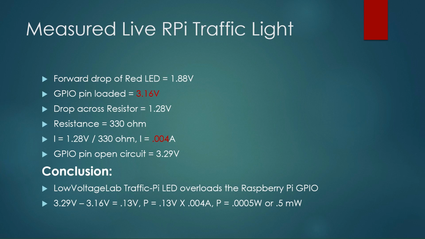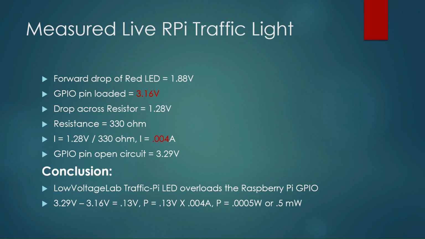Power is equal to voltage times amperage. So 0.13 volts times 4 milliamps gives us a power of a half a milliwatt. So we are smoking our Raspberry Pi at a level of 0.5 milliwatts.